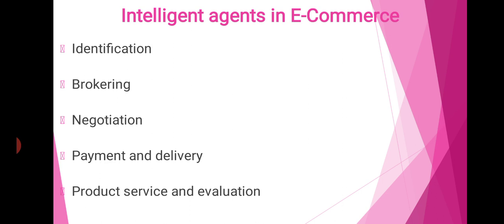The next, brokering. There are two types of brokering: product brokering and merchant brokering. Product brokering means once a buyer has recognized and identified a requirement to make a purchase, the buyer has to determine what to buy through a critical evaluation of available product information.